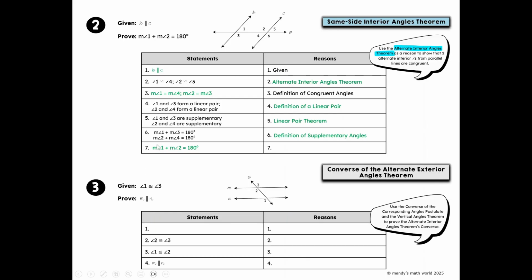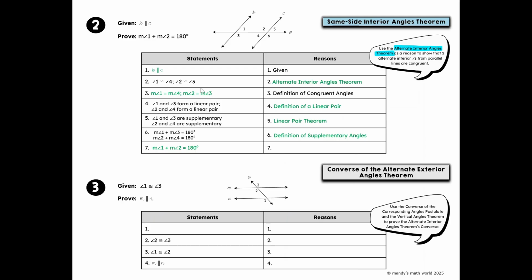Well, what have I previously? Okay, I've got this equation right here, the measure of angle 1 plus the measure of angle 3, and the measure of angle 2 plus the measure of angle 4. How did I get from there to here? Well, if you look up here previously, I've shown the measure of angle 2 equals the measure of angle 3.